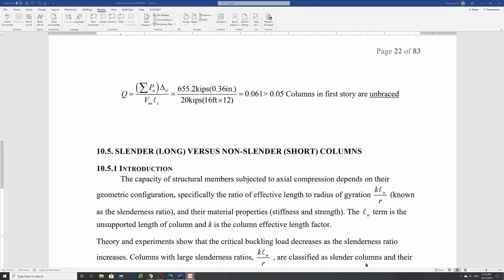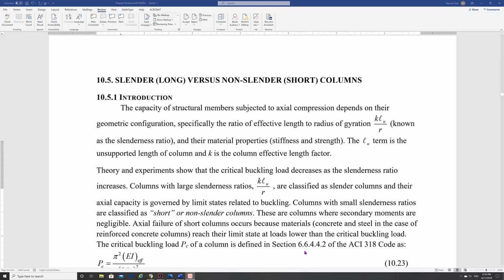So columns with large slenderness ratio are classified as slender columns, and their axial capacity may be governed by buckling issues. And columns with small slenderness ratios are classified as short or non-slender.